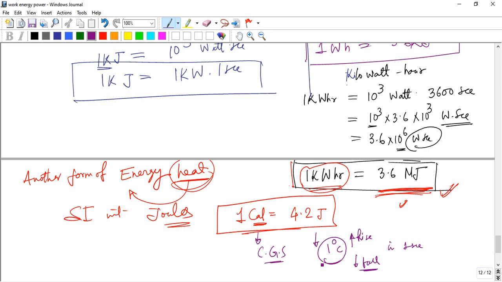If the temperature falls by 1 degree centigrade, 1 calorie of heat is released. That's very important. Okay, is it clear what a calorie and 4.2 joules are?